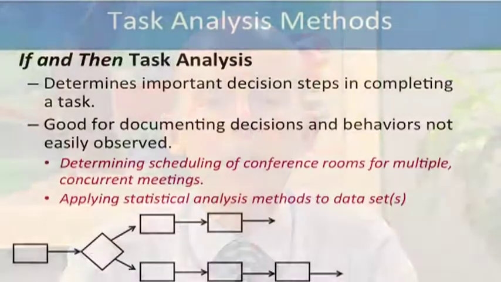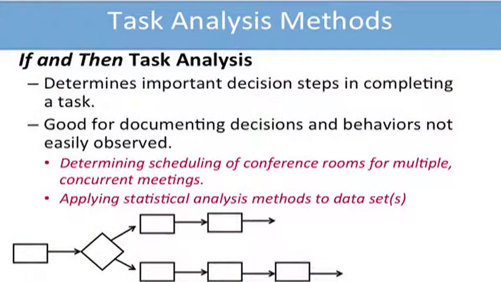A second type of task analysis that we commonly use is the if-then task analysis. This helps us determine important decision steps within a process. It's very good for documenting tasks that involve a lot of expert decisions or behaviors that are not easily observed.